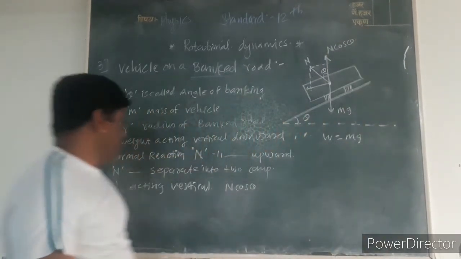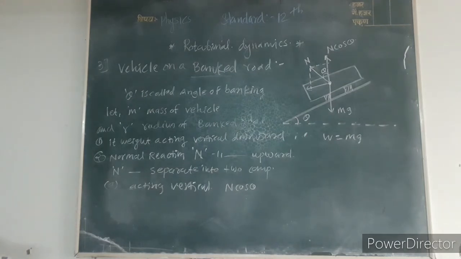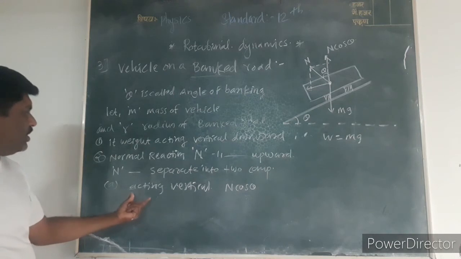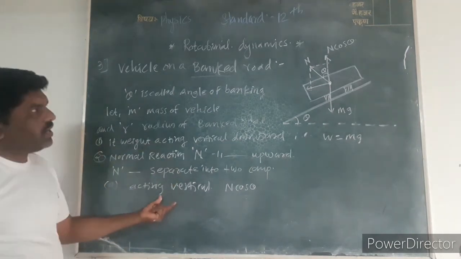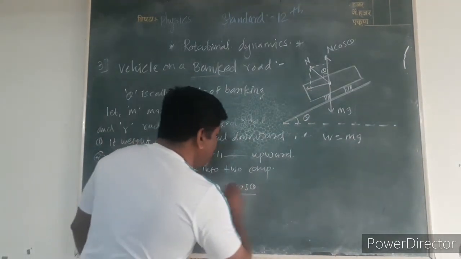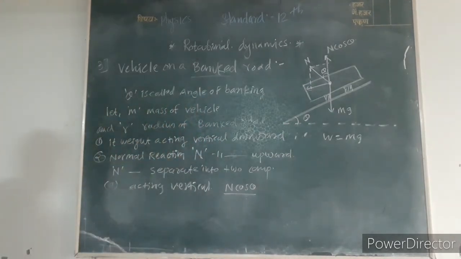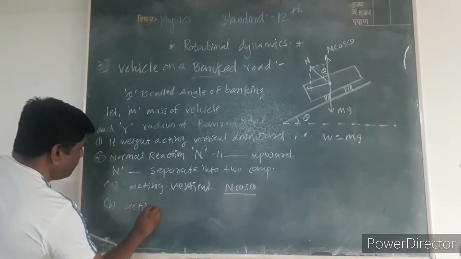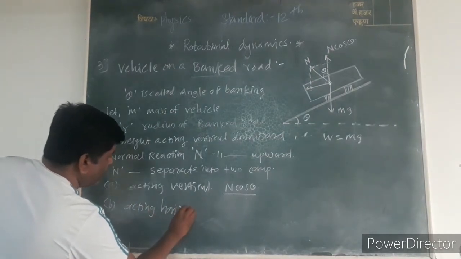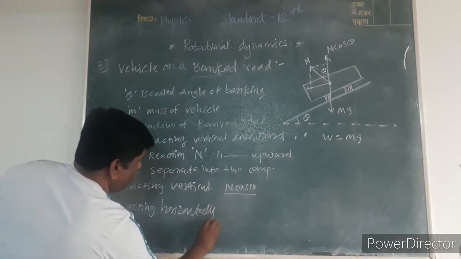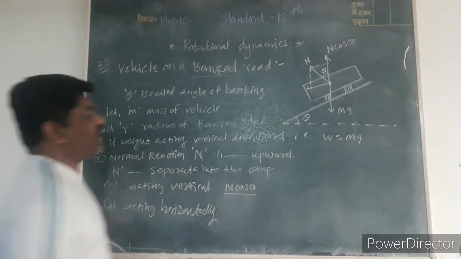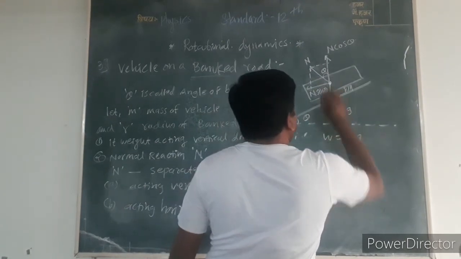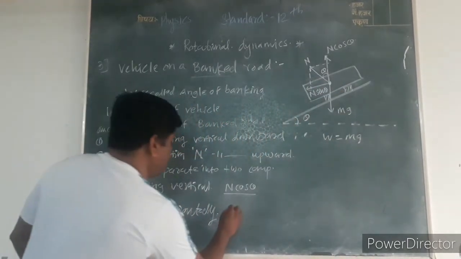The normal reaction is resolved into two components. The first component acting vertically upward is N cos theta, and the second component acting horizontally is N sin theta.